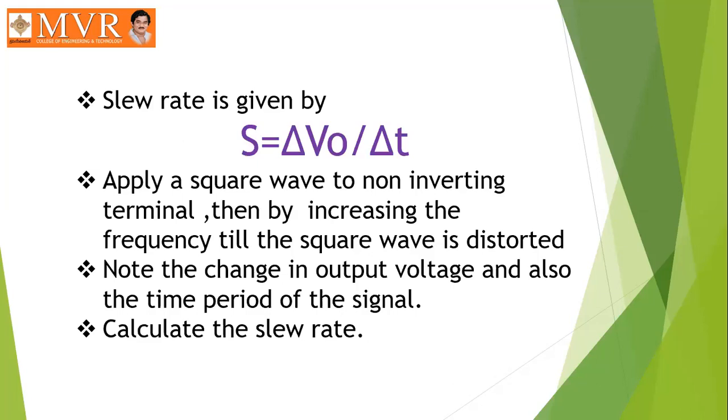We have also seen how to measure the slew rate. So we have seen the different DC characteristics and how to measure them for an operational amplifier.